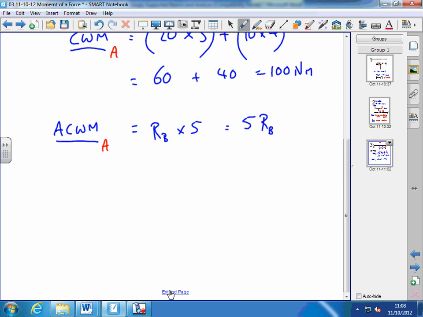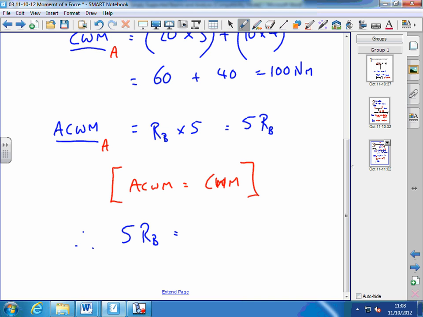And then, being good engineers, we would state the rule that we're then going to apply next. In a balanced situation, anti-clockwise moments equal clockwise moments. So we'd state that, and we'd say, therefore, 5 RB must equal 100.